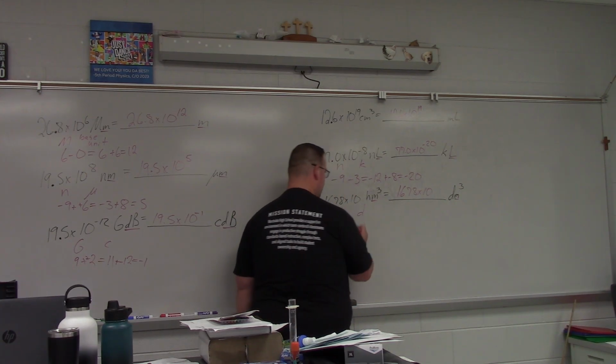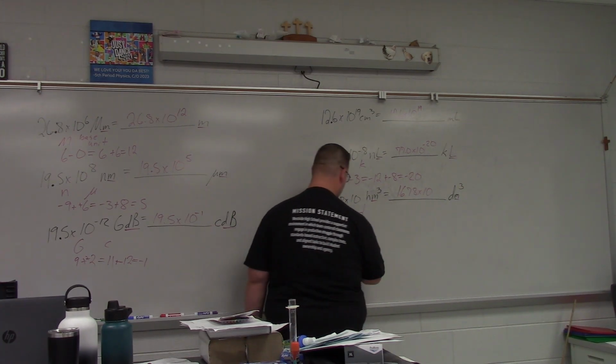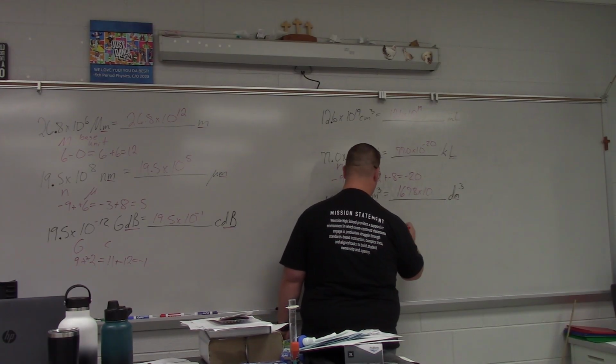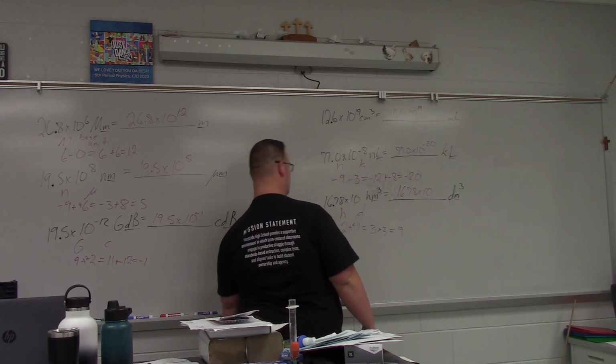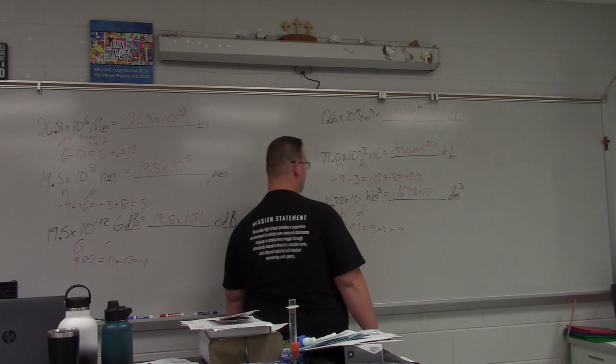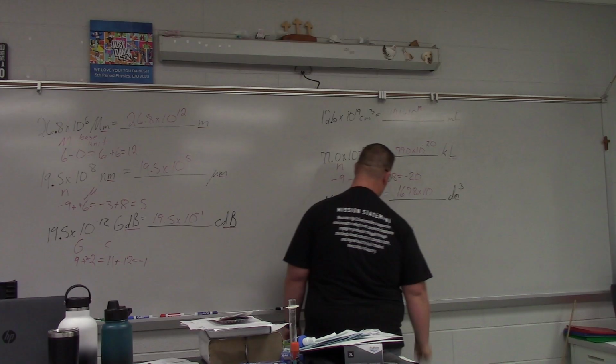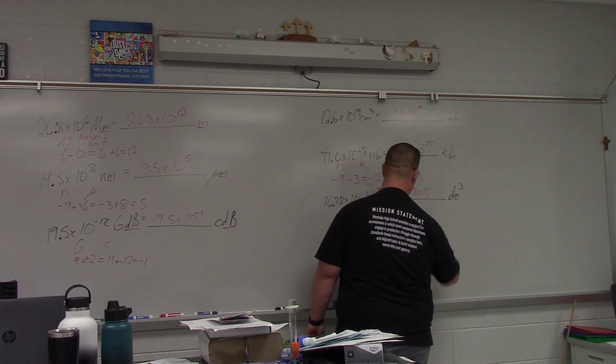Deci. Exponential value for deci is negative 1. So 2 minus negative 1, stay, change, gives us 3. 3 times 3 is 9. And I messed that one up too. There should be a 1 there, even though there's not, so that would be 10.